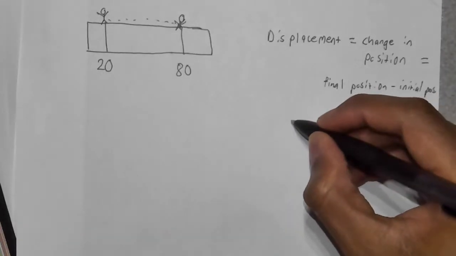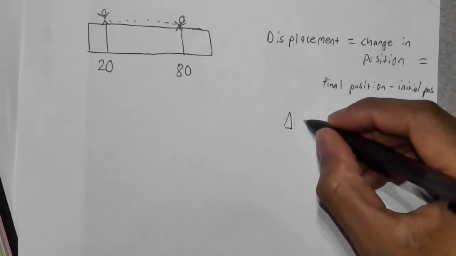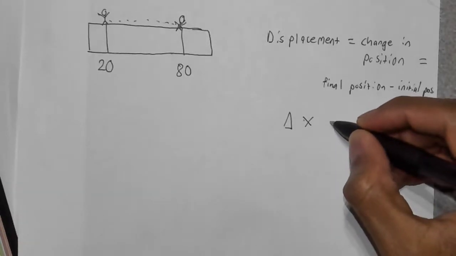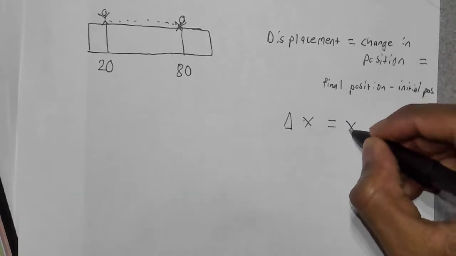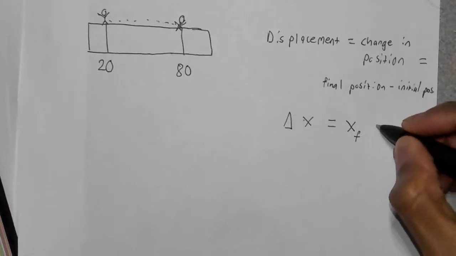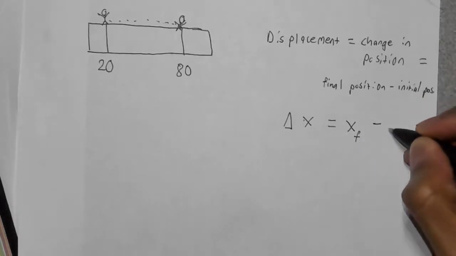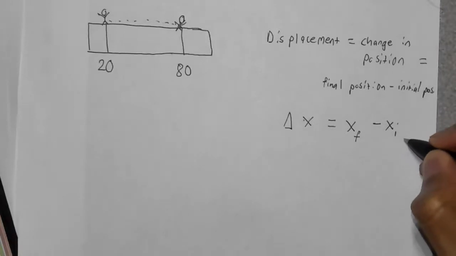So the symbols: delta x, which is displacement, equals x sub f, which is final position, minus x sub i, which is initial position.